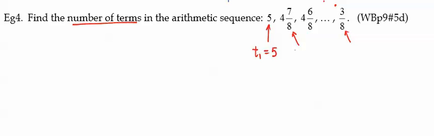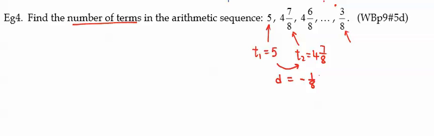I know term 2 would be this, but more importantly, I want to figure out the pattern going from term 1 to term 2. Minus 1/8, or adding negative 1/8 to it. This sequence is going down by 1/8.